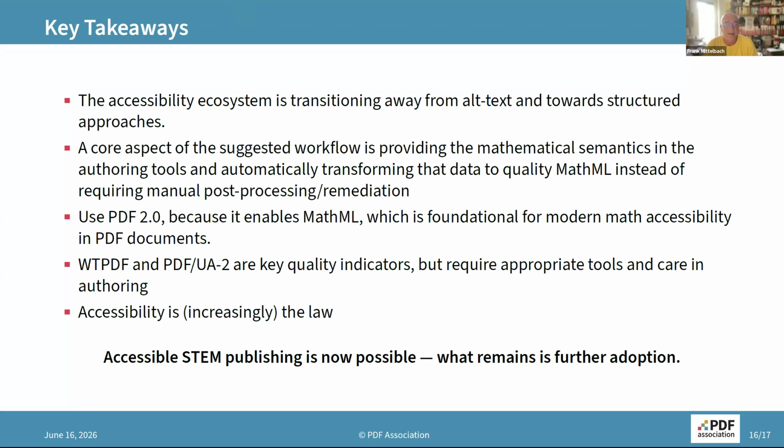You cannot easily put alt text on 50 to 100 little fragments of mathematics on each and every page. And as was explained earlier, it is difficult to get things in any way good, and it is not customizable, which is an important part of accessibility for the user.